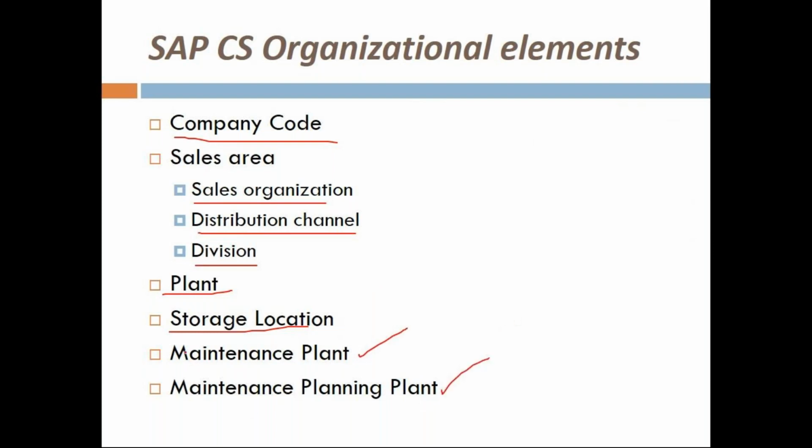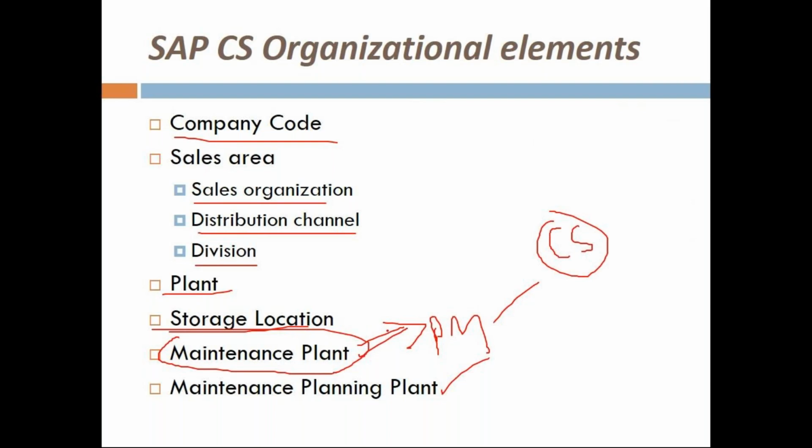Maintenance plant is actually relevant for PM, where your equipments and machines are located. But the problem in the CS module is that your machines or equipments will be available at the customer side.